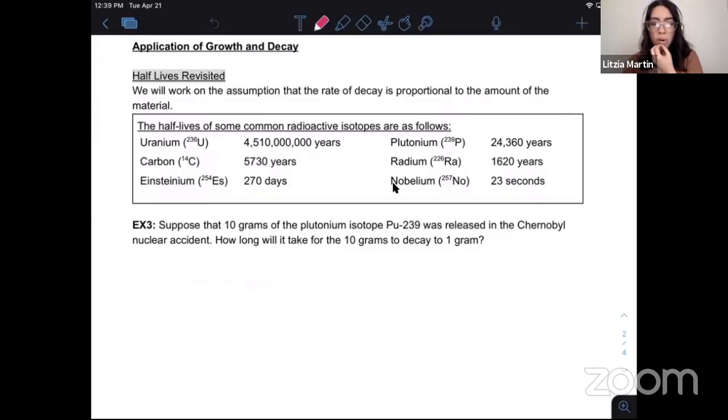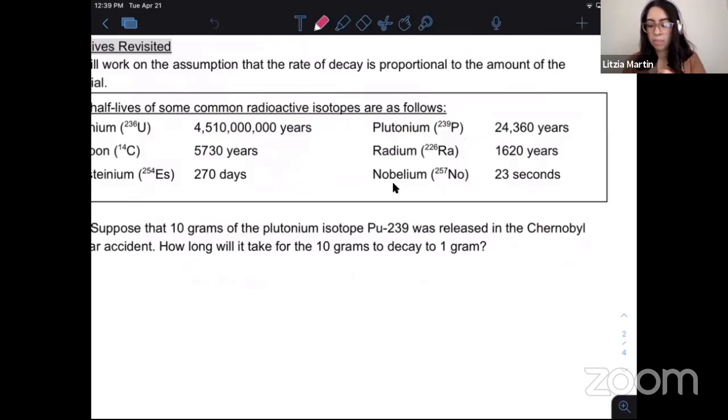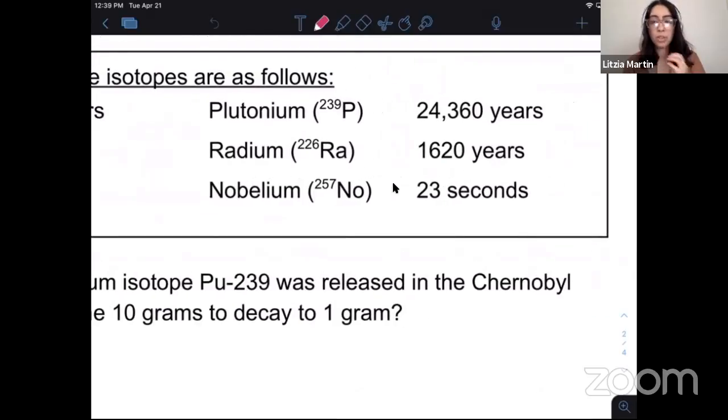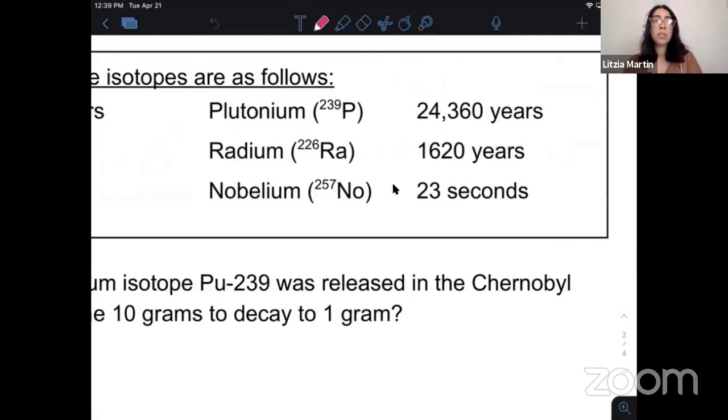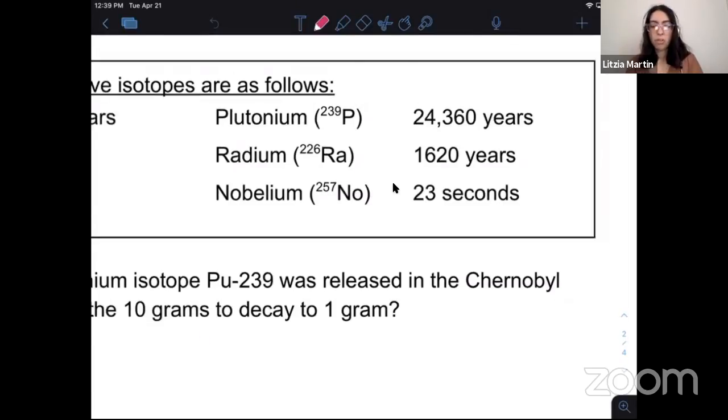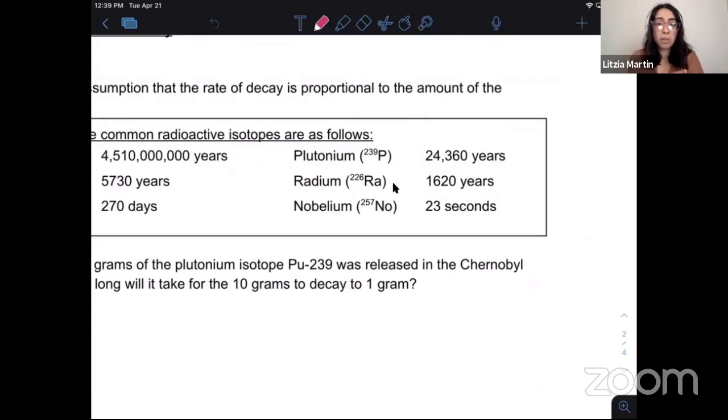For example, let's start with nobelium. The half-life is 23 seconds. That means, for example, if you have 4 grams of this nobelium, after 23 seconds you would only have 2 grams, because 23 seconds is the half-life, meaning it's going to decay, and after that half-life you're going to reach half of the amount that you started with.